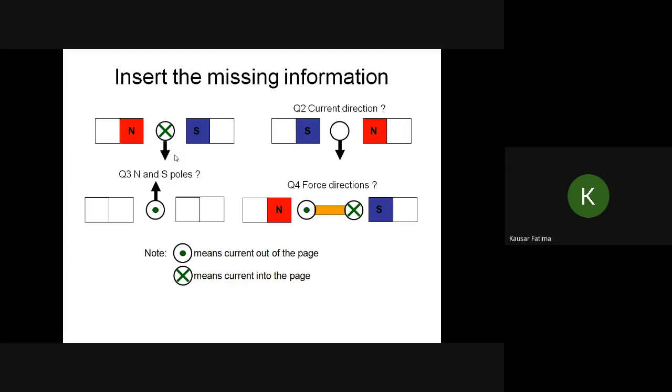So force is downwards. Now here force is shown, and the field is also known to us, that is in the opposite direction to that of the first question, that is from north to south. So it means your first finger should point towards the left side.